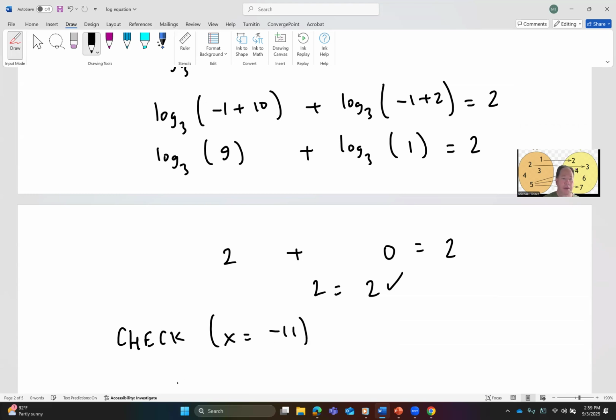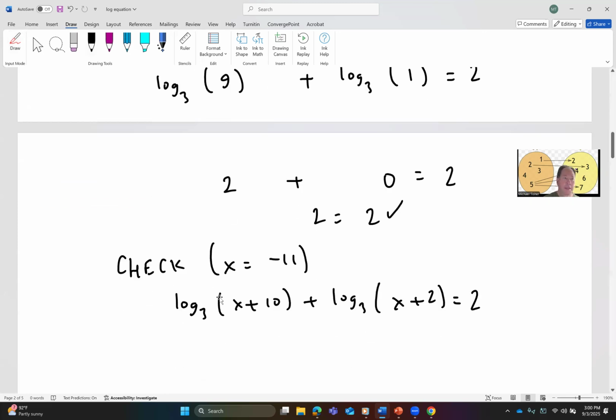All right, again, we'll write the original equation down again. So log to the base 3 of x plus 10 plus log to the base 3 of x plus 2 equals 2. Now let's put the negative 11 in for the x.